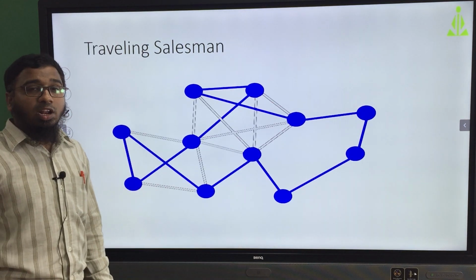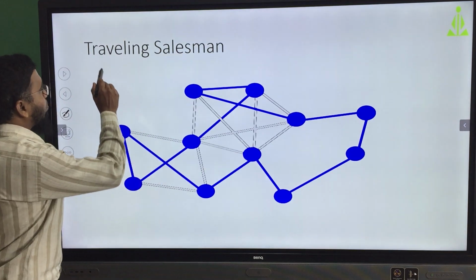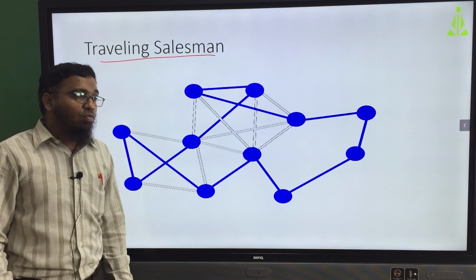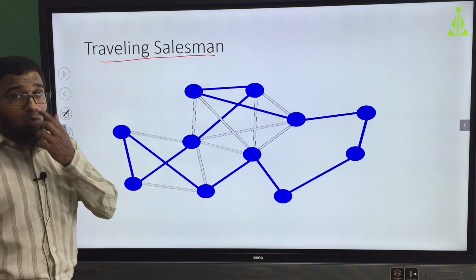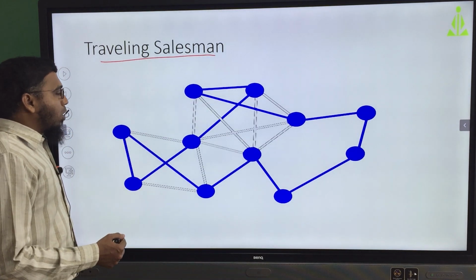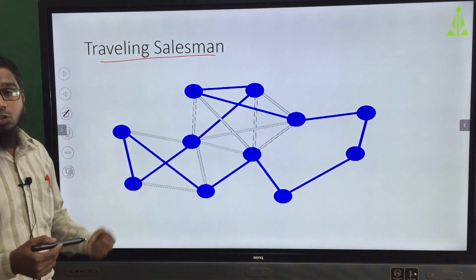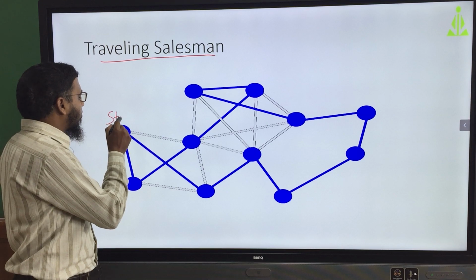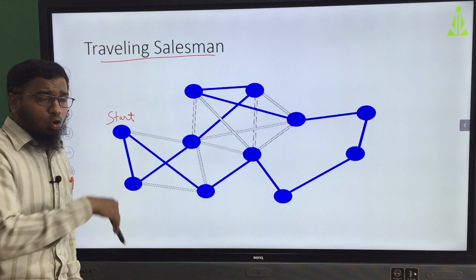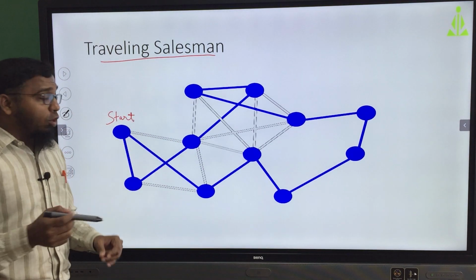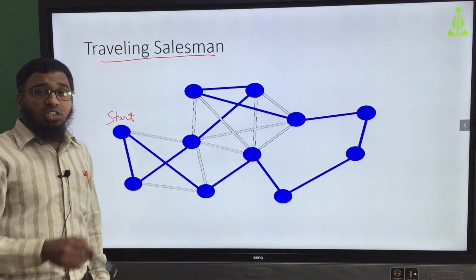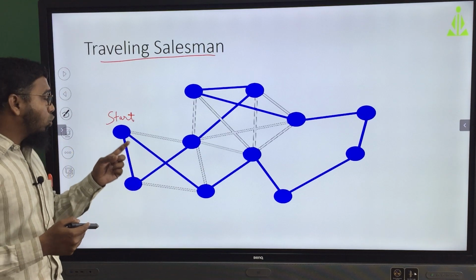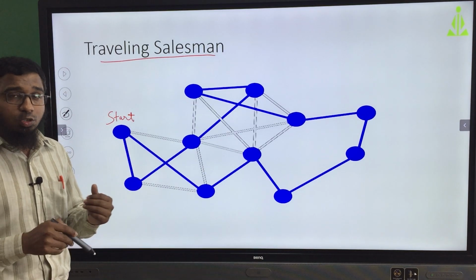This is one type of problem, the traveling salesperson problem. Already we have done it with the help of dynamic programming, and we have done it with the branch and bound technique. In the traveling salesperson problem, you can start from any node, but you have to visit all the vertices once and come back again to the original, first position.